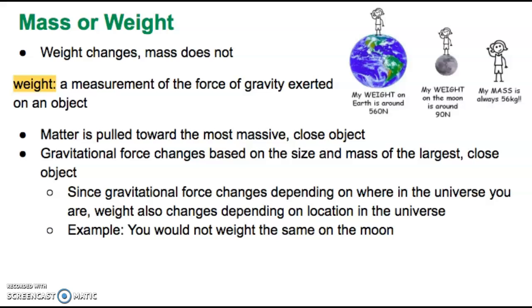And that's why we see planets orbiting around the sun. Moons orbit around planets because those are the largest or most massive close objects to those moons. So gravity is sort of an interesting thing. It's exerted on every object by the object that is both the most massive and the closest to wherever those pieces are.